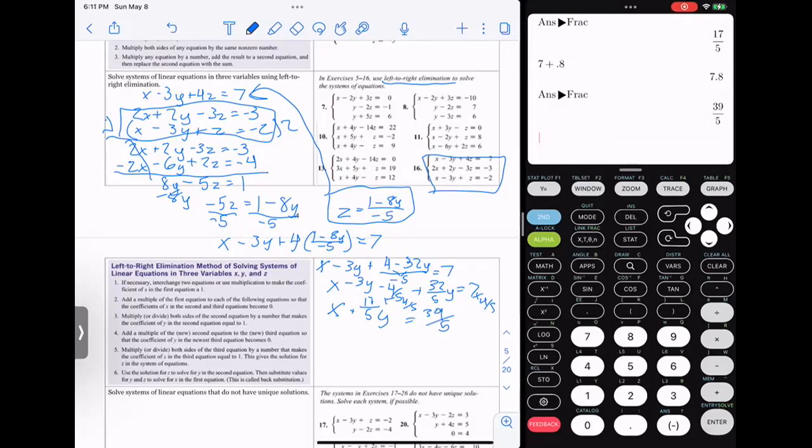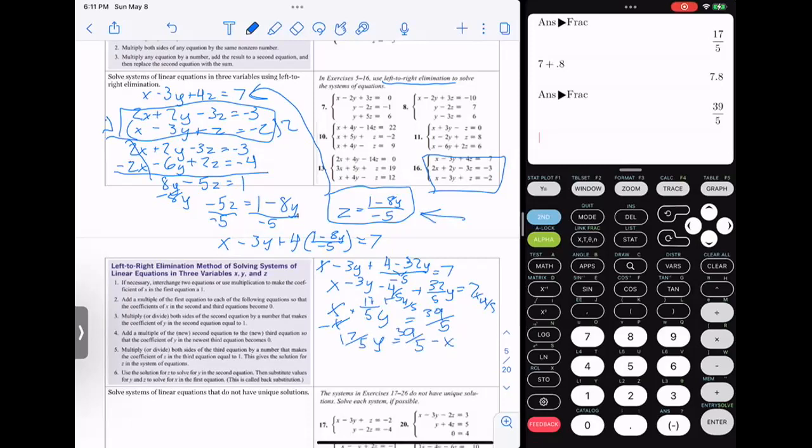Okay, so now we can solve for either x or y, but in this case, we want to solve for y because we already have z in terms of y. So to make this even grosser than we already have, we subtract x on both sides. We have 17/5 y equals 39 over 5 minus x.